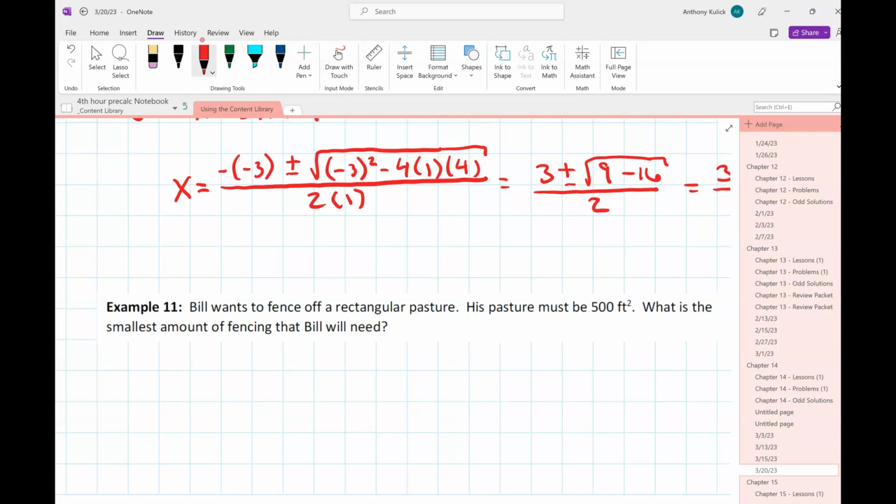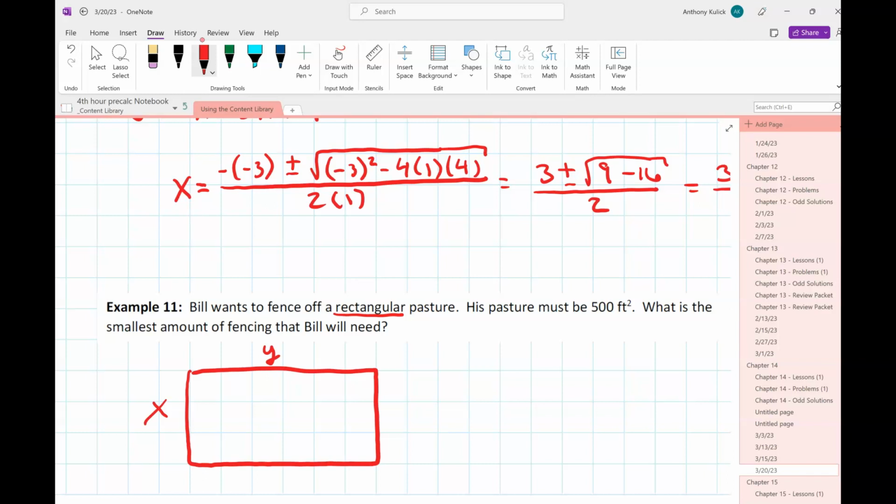Well, I like to start a problem like this by drawing a picture. So the picture I'll be drawing in this case would be a rectangle. And I'm going to call the length x and the width y. Everybody okay with that?